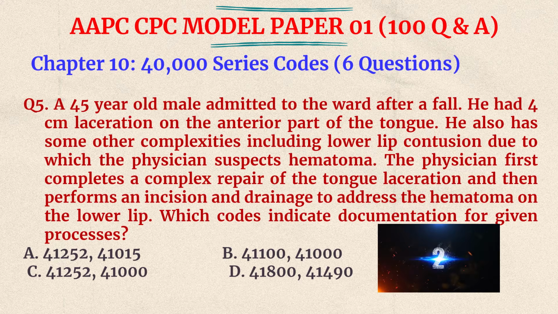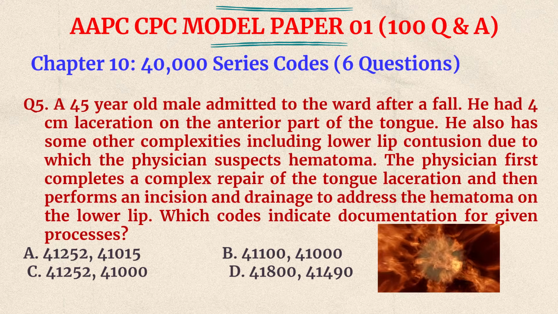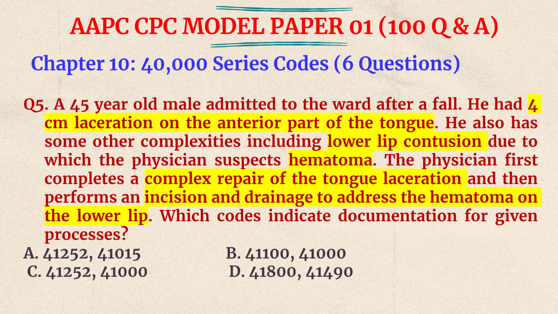3, 2, 1. Okay, in this case, there are two procedures performed. So the patient had a 4 centimeter laceration on the anterior part of the tongue, and lower lip contusions. So the physician suspects that contusion as a hematoma. So two procedures done. One is complex repair of the tongue laceration. The other one is incision and drainage to address the hematoma on the lower lip.